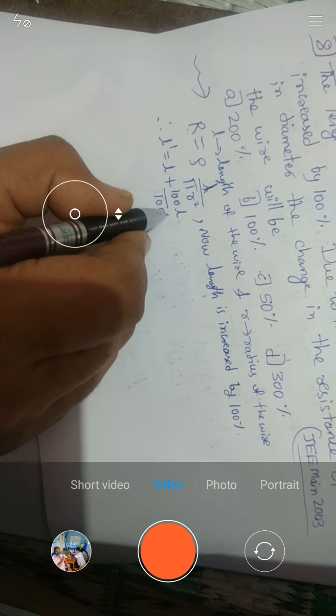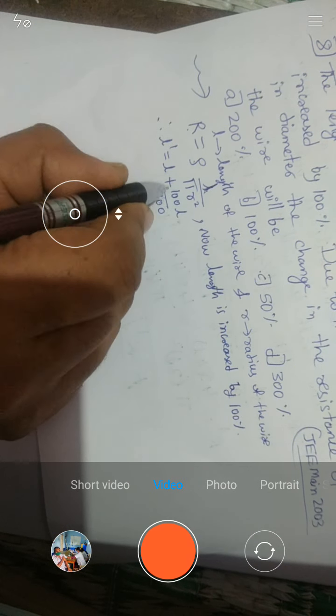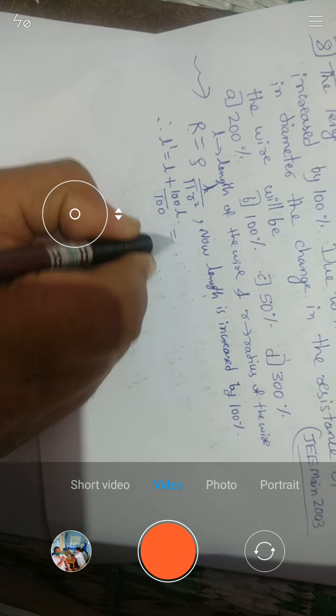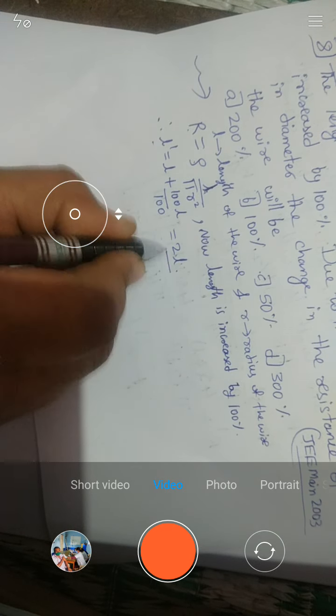So that is 1 L plus 1 L, that is 2L. If you increase the length by 100%, then the length will be 2L, L dash as 2L.